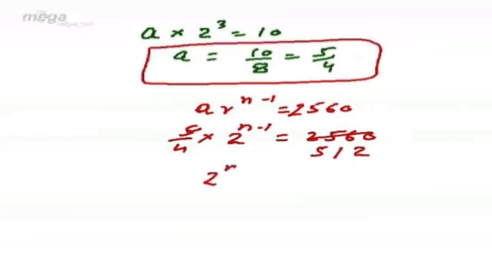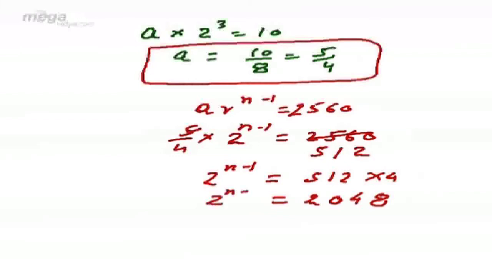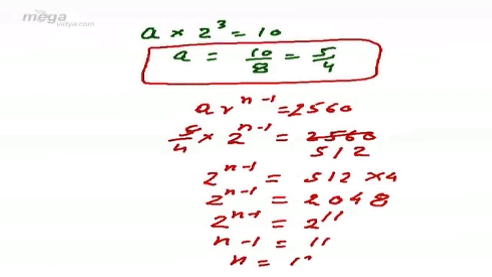It means 2 to the power n minus 1 is equal to 512 into 4, that is 2048. That is 2 to the power n minus 1 is equal to 2 to the power 11. Then n minus 1 is equal to 11, so we get n is equal to 12. This is the method to find the first term and the number of terms in GP.